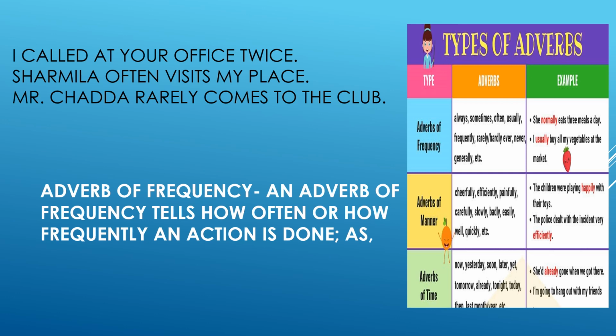Like this kind of adverbs we are using. And for adverbs of time, we are using now, yesterday, soon, later, yet, tomorrow, already, tonight, today, then, last month, last year, like this. I called at your office twice. So twice is the frequency. Sharmila often visits my place. Mr. Chadda rarely comes to the club.